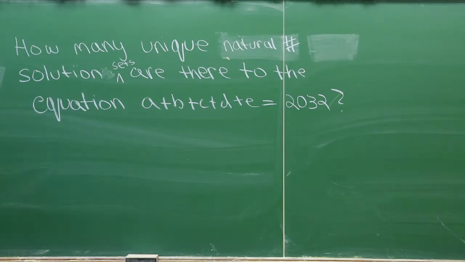Solve problems. So good enough, right? The way I like to think about a question like this is I will think about 2032 single units, because it's got A, B, C, D, and E, and they can't be fractions, they can't be negative, they can't be zero.